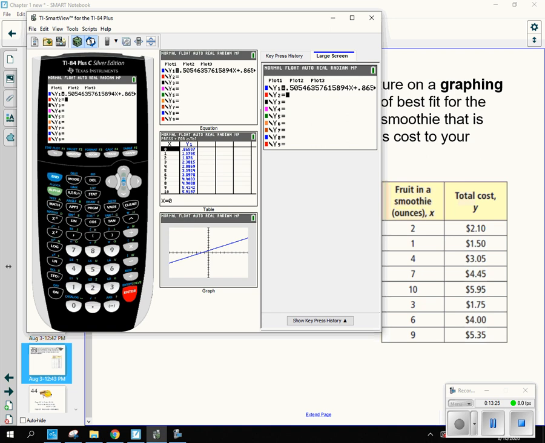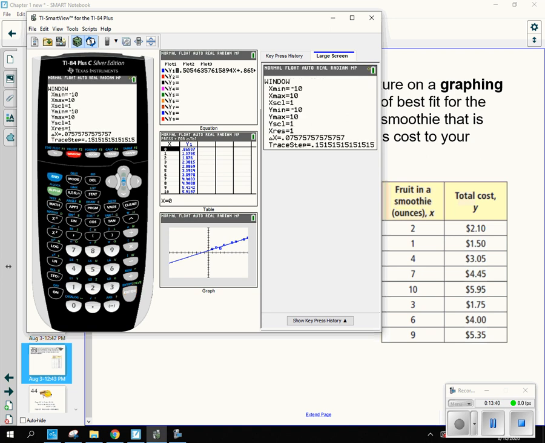Let's say I wanted my points, the actual points. I'm going to go up to plot and turn my plot on. And then I'm going to go to window. Now the window, basically, how big do you want your window to be? I want my window to be from 0 to, let's go 15.